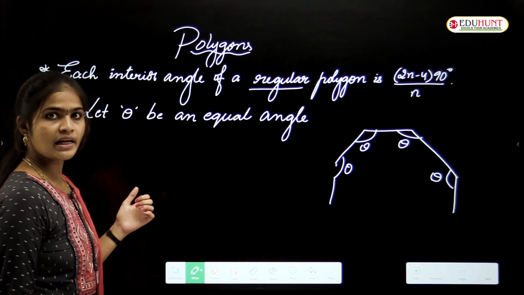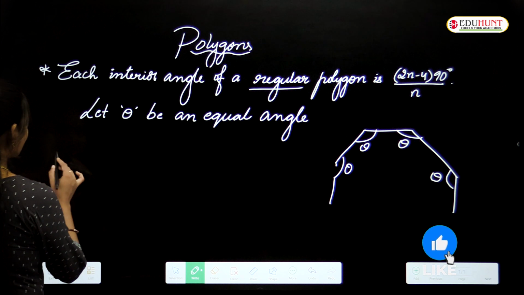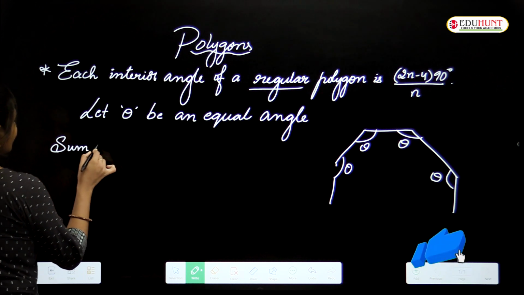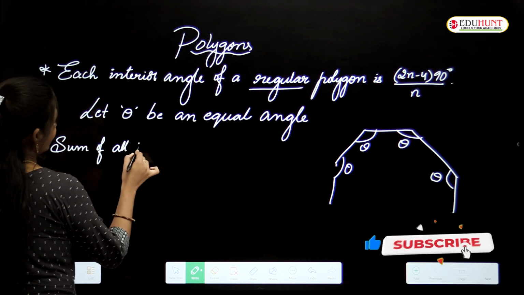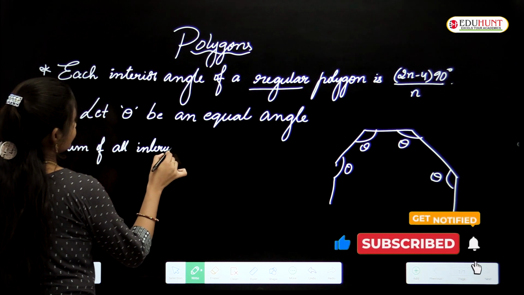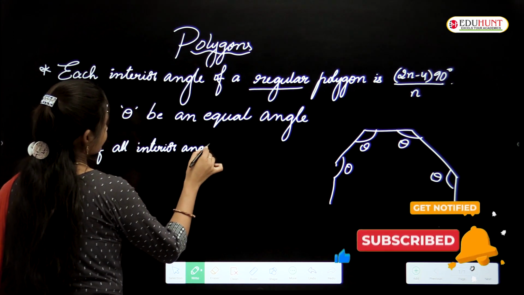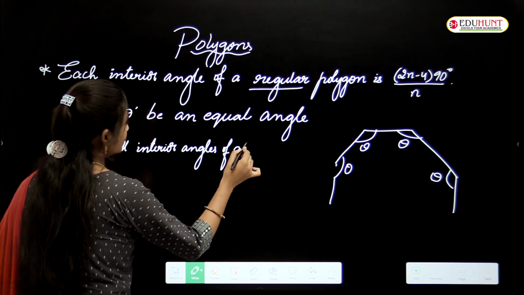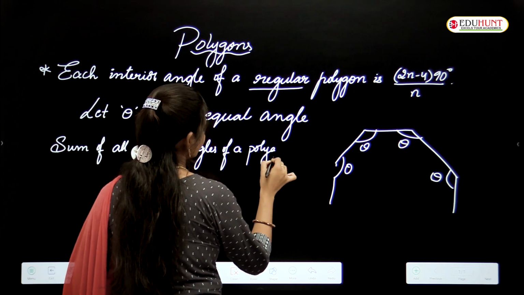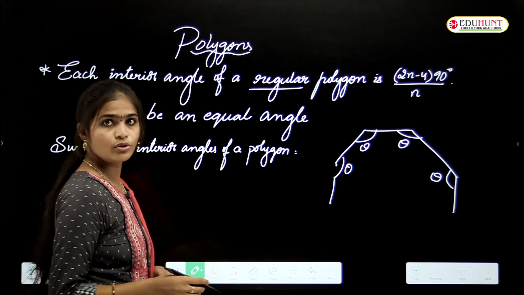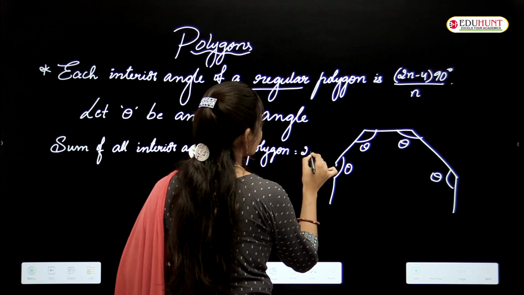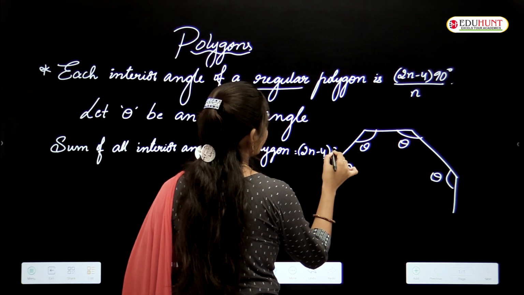First I am going to calculate the sum of all interior angles of a polygon. We already know that formula. What is it? (2n minus 4) into 90 degrees.